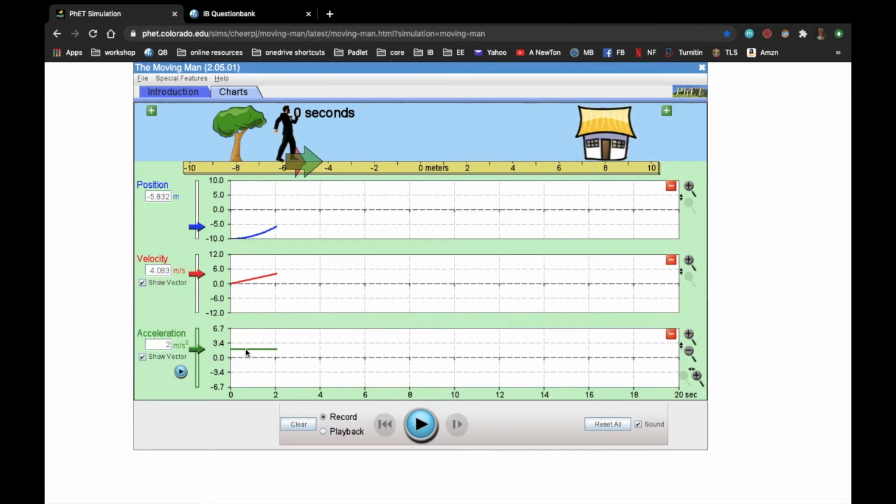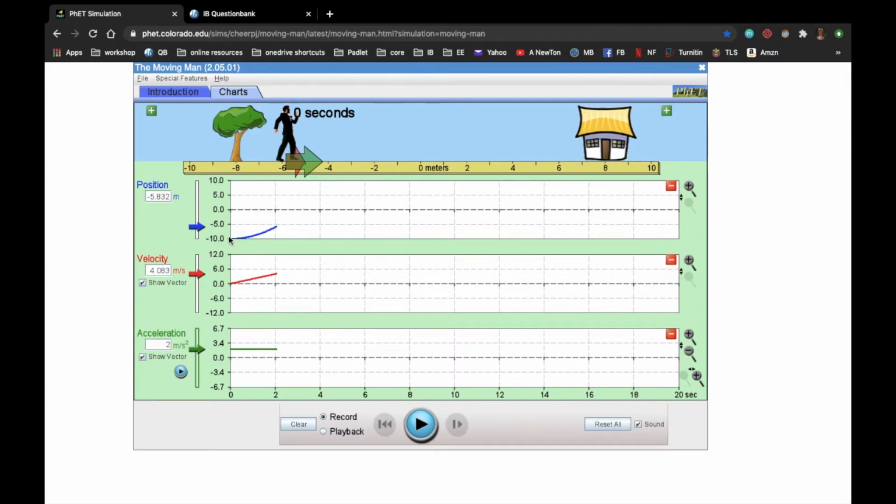So the velocity is going to increase by 2 meters per second every second. In 1 second, the velocity reached 2. In another second, it has increased by another 2 meters per second, so it is now 4.